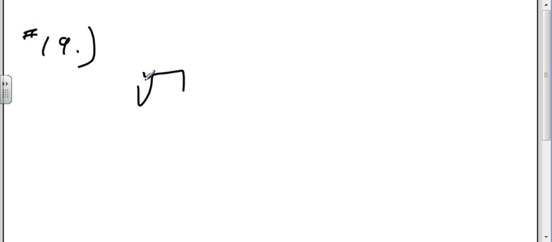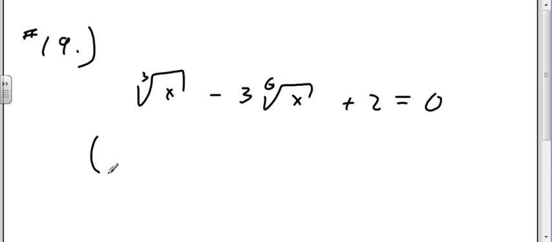Square cube root. Is that a cube root? Cube root x minus 3 6th root of x plus 2 is 0. All right, so I'll factor that.